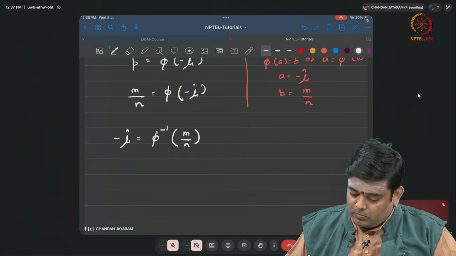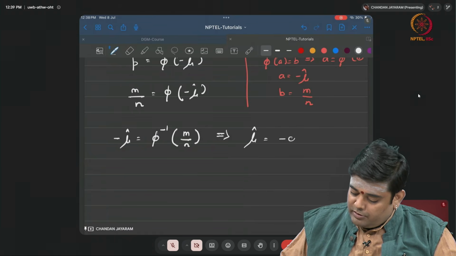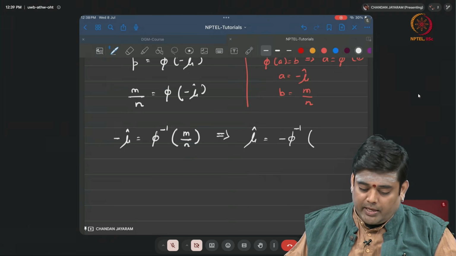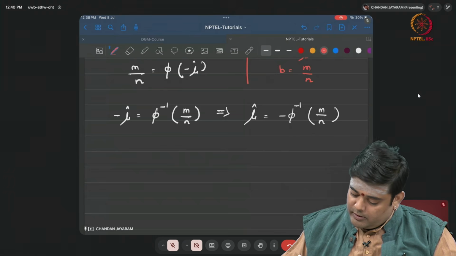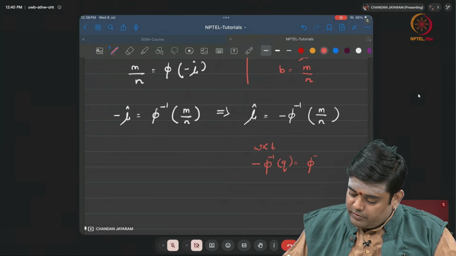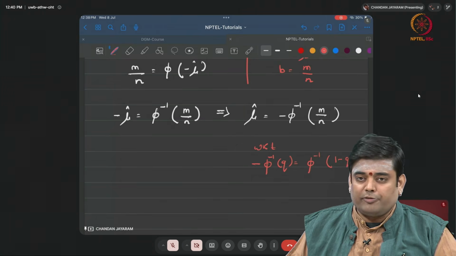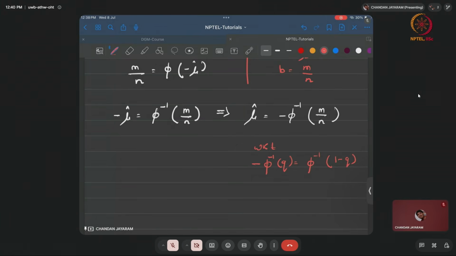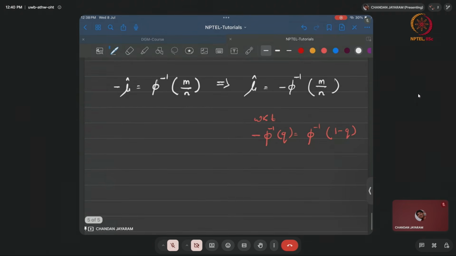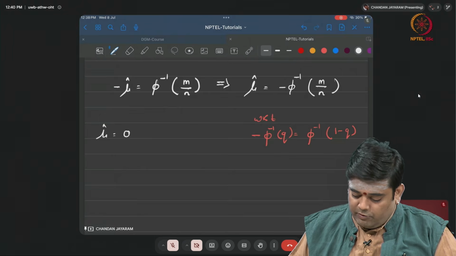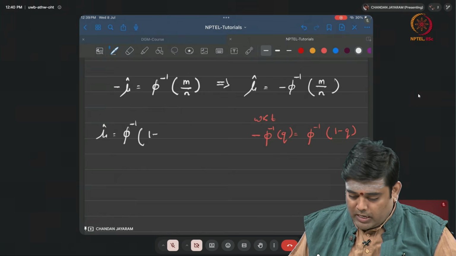Now mu hat is minus phi inverse of m by n. So now we know that minus phi inverse of q is the same as phi inverse of 1 minus q. These are the standard properties of the standard normal. And then it should be very much clear that we are dealing with standard normal. Now we have mu hat is phi inverse of 1 minus m by n.